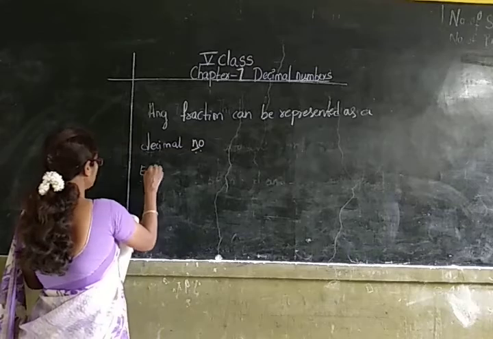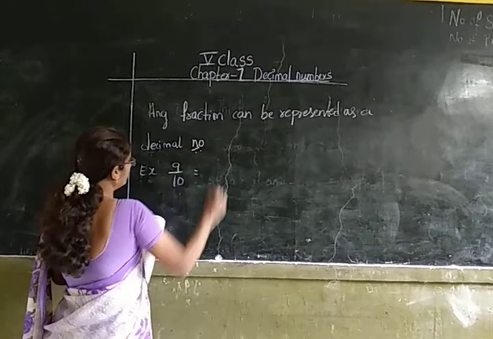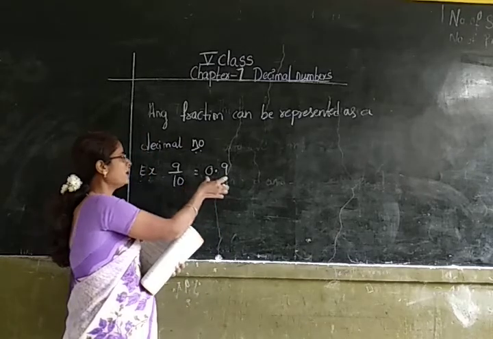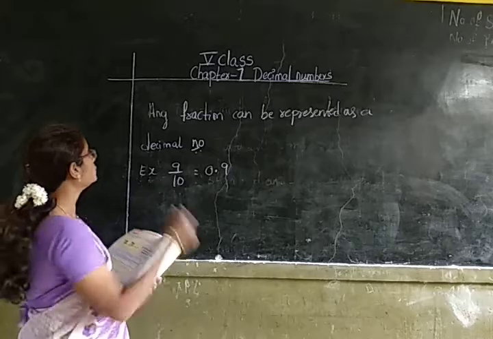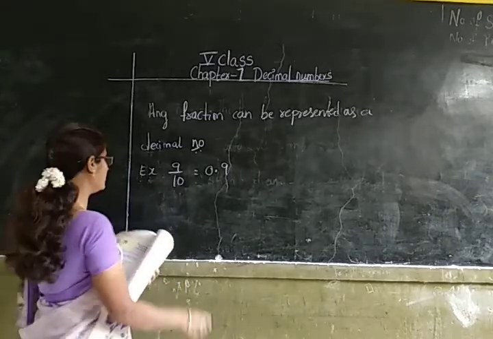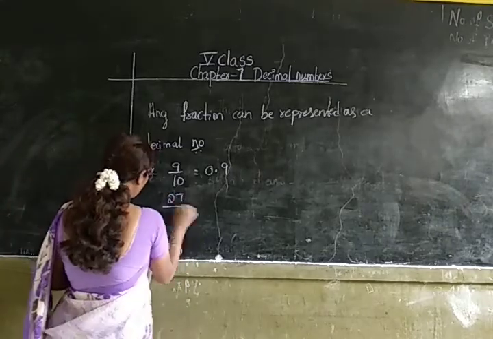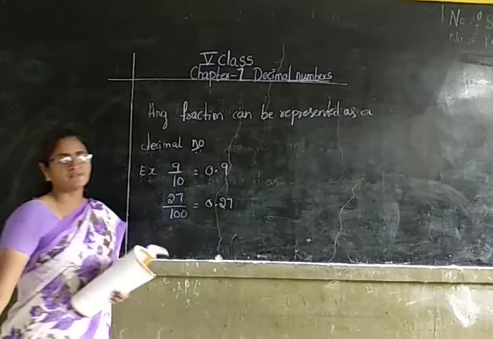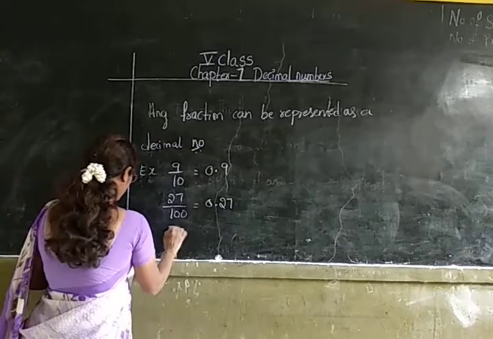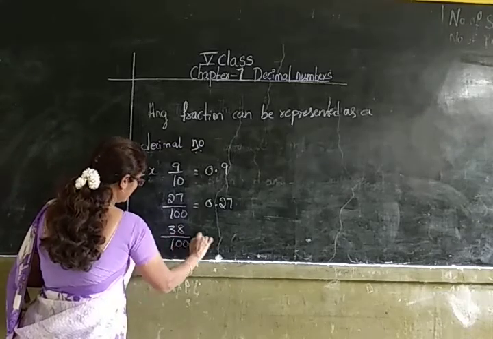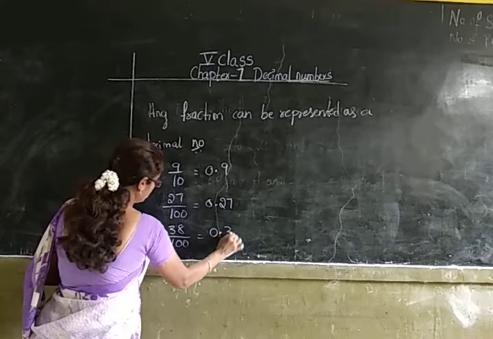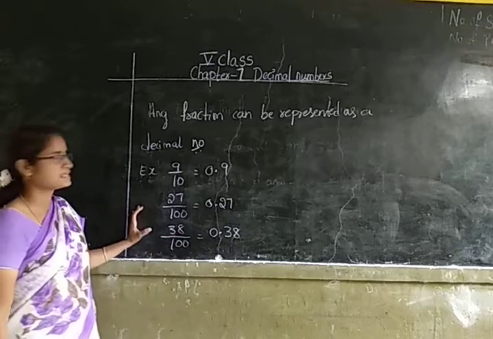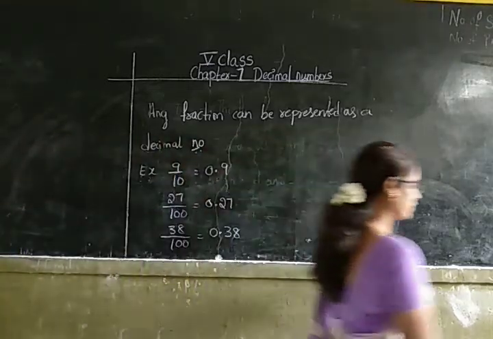For example, 9 by 10 can be written as 0.9. So 9 by 10 is a fraction and it can be written as a decimal number. Similarly, 27 by 100 can be represented as 0.27. Similarly, 38 by 100 can be represented as 0.38. So any fraction can be represented as a decimal. You should remember this point. Okay children?